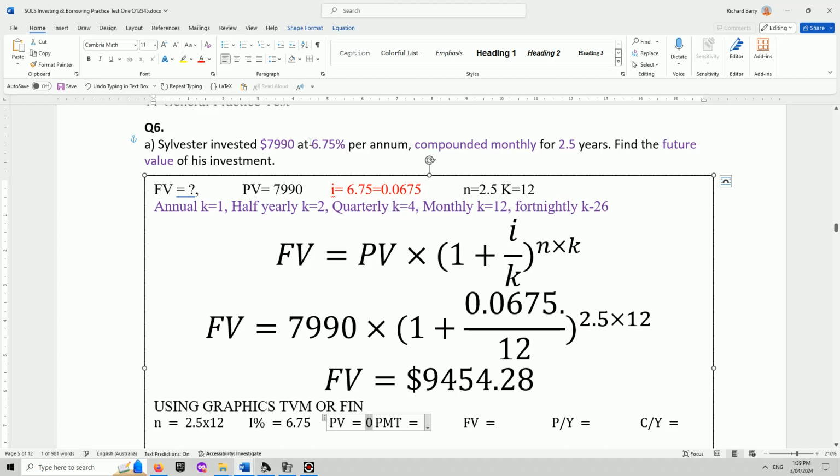PV is the starting amount, 7,990. There are no regular payments in this question, so that's 0. Future value is what I'm looking for. P/Y and C/Y: monthly means they are 12.